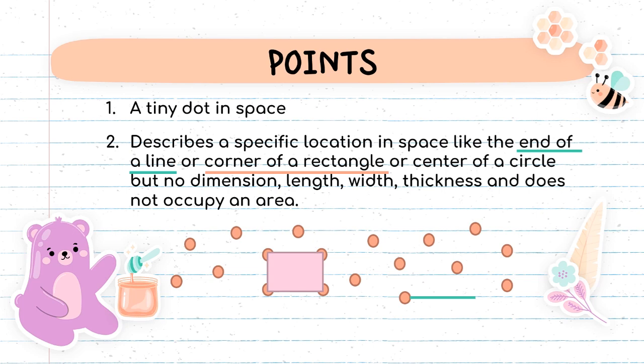Those corners are points. And yung center ng circle. When you have a circle and it has a point at the center, yun yung points na tinatawag. But a point has no dimension, length, width, or thickness; it does not occupy an area.